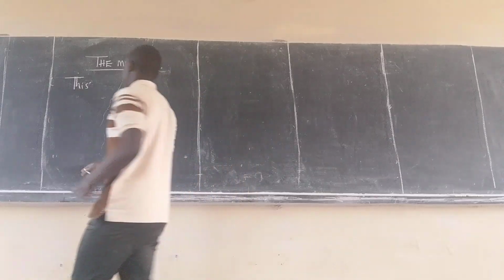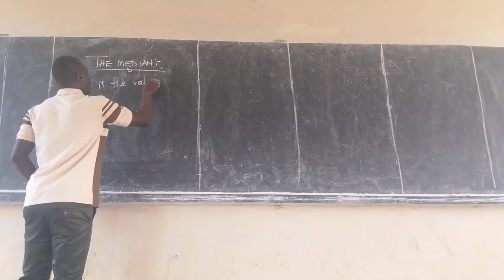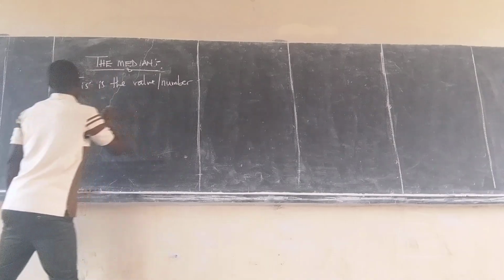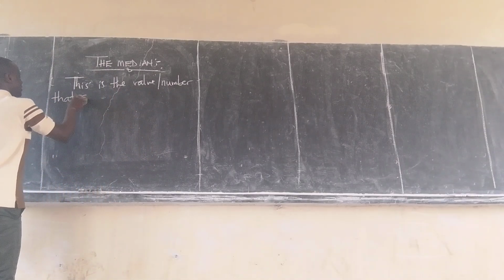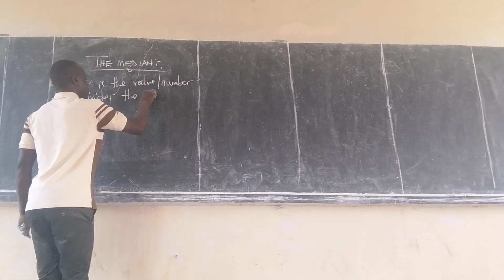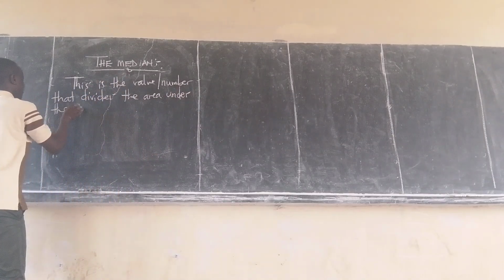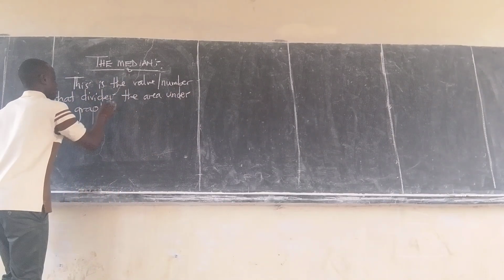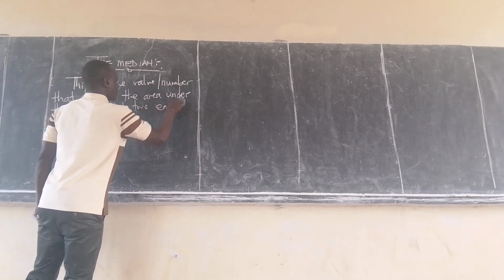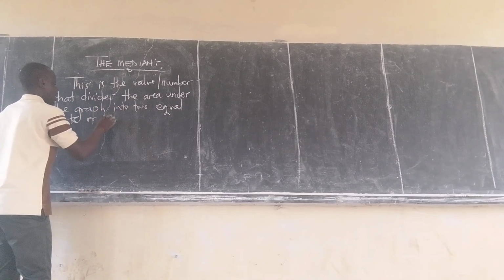We are defining it as the value or number that divides the area under a graph into two equal parts or halves.